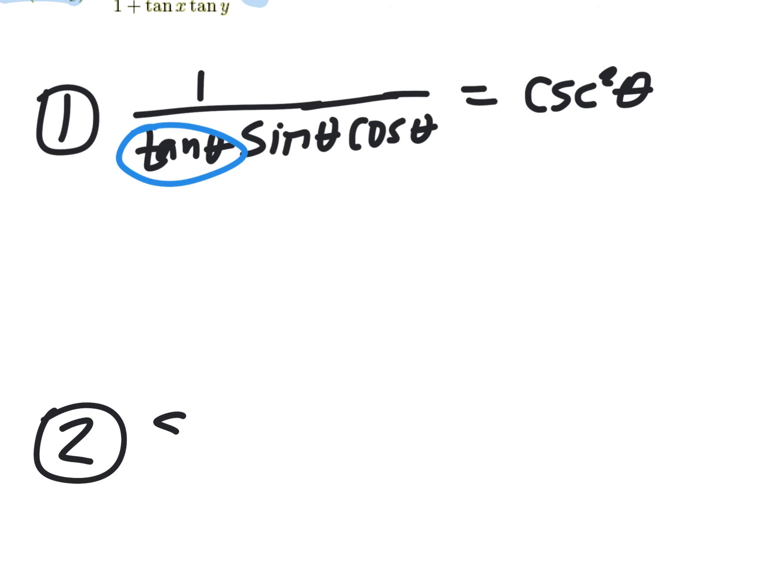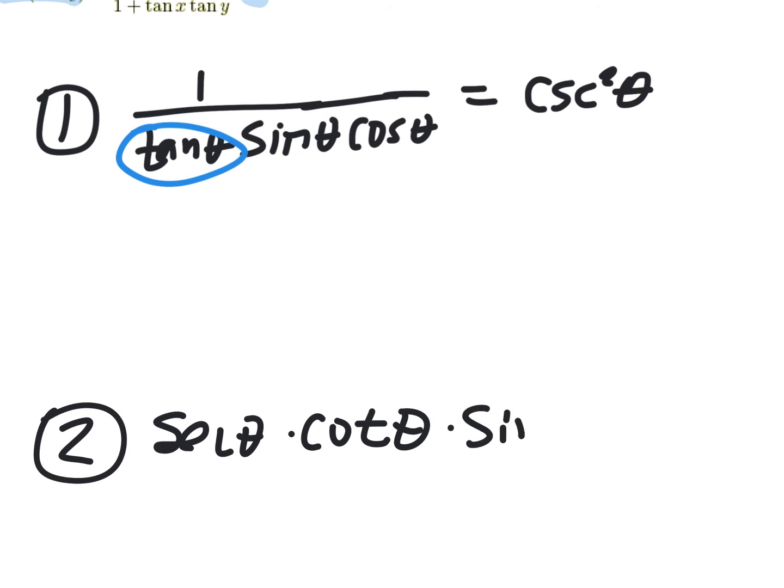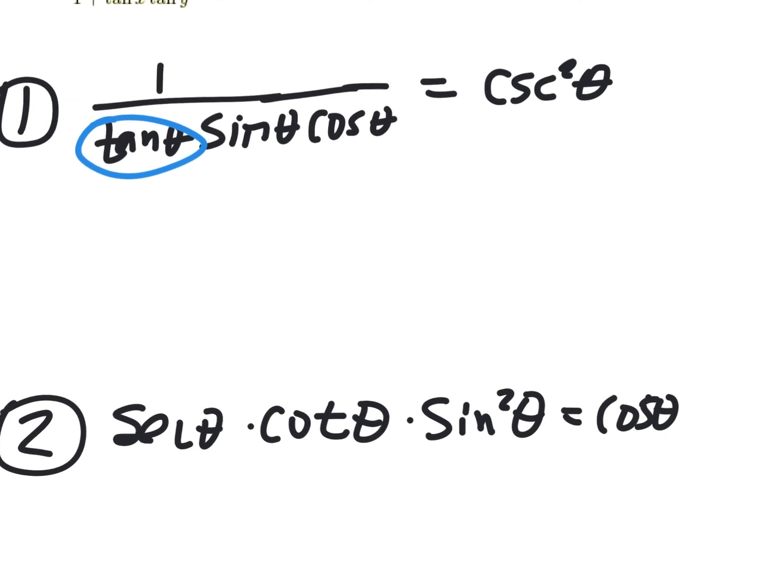And that's secant theta times cotangent theta times sine squared of theta will all simplify down to just cosine theta. Okay, start with those two, work with your partner, simplify them as quick as you can.